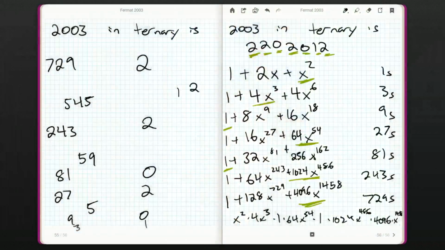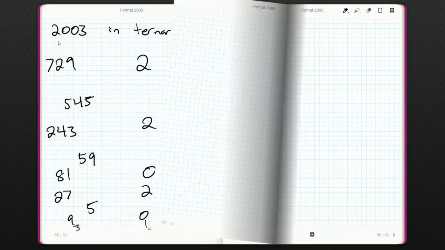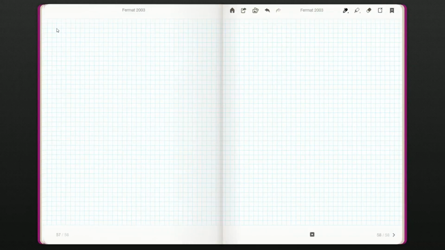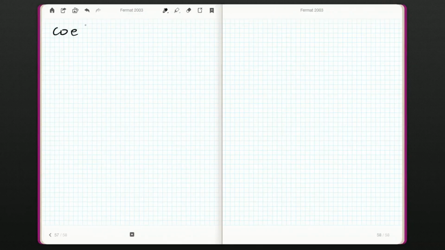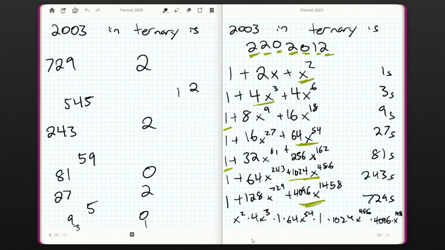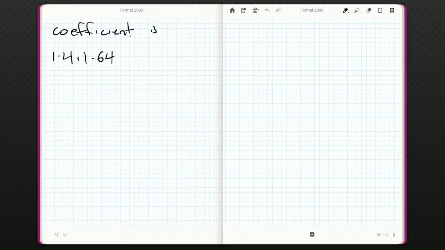Just multiply out these coefficients. 1 times 4 times 1 times 64 times 1 times 1024 times 4096. Now I don't remember what they were.